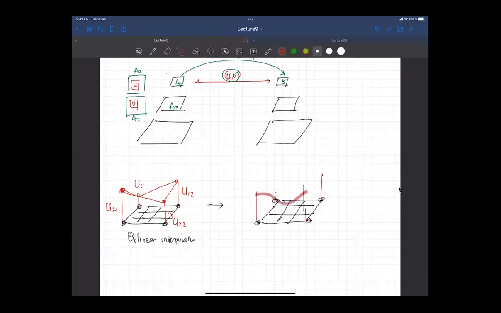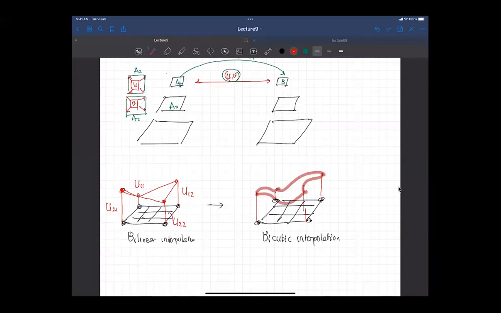Bicubic interpolation is something like this. Make it more curvy, and if it's more curvy like that, it would be more robust. So you see, instead of bilinear interpolation, we use bicubic interpolation. By using this bicubic interpolation, now you can make your UV map into a higher resolution map.